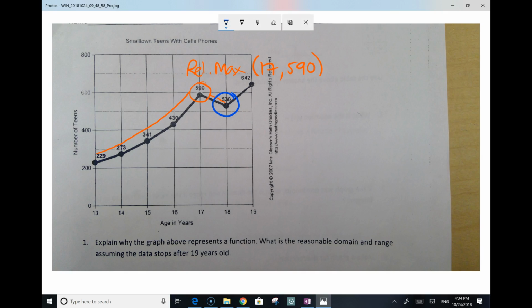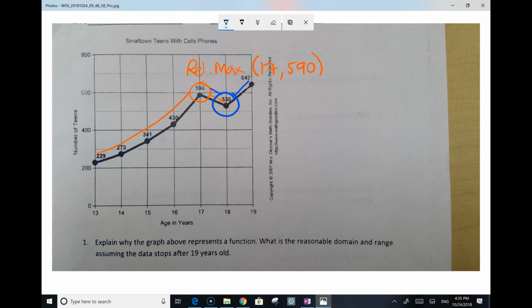So if you remember, we went from 590 to 530 and we stopped. Well, if you were to go from 590 to 530 and then go up from 530 to 642, that's a change in your direction or in your slope.